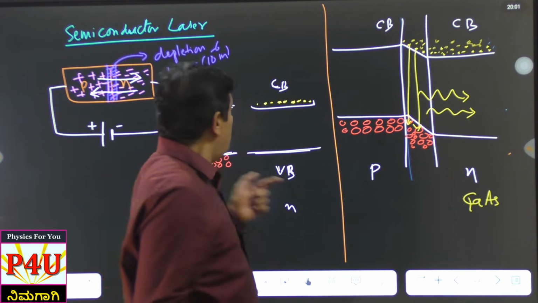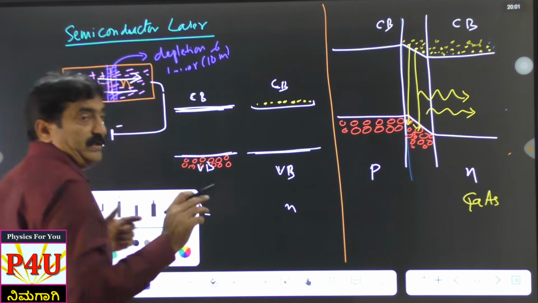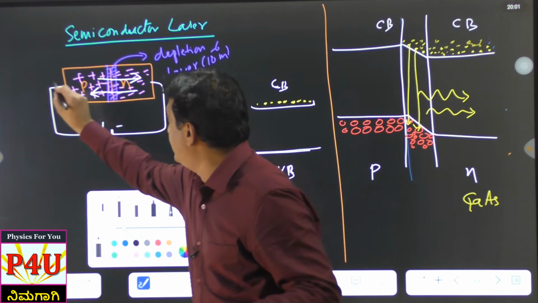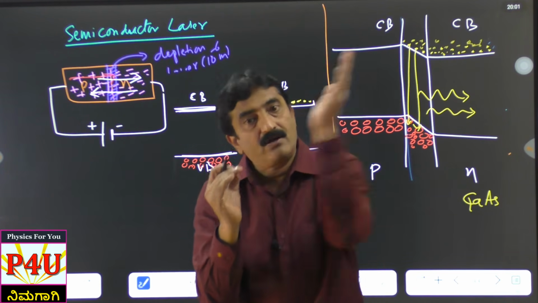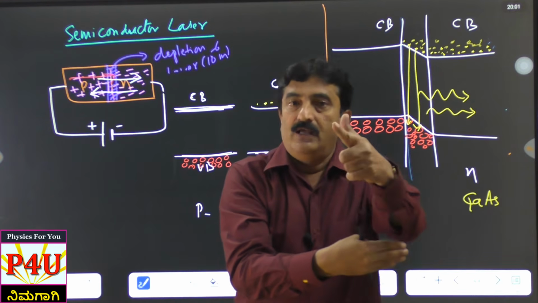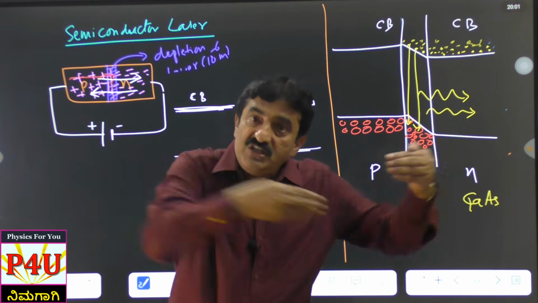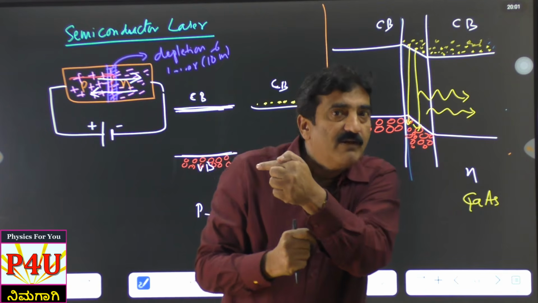Second, you increase the current. When you increase the current, more holes will be pushed. Similarly, more electrons are pushed, meaning electrons and holes are injected. Holes are injected from the P side, electrons are injected from the N side.